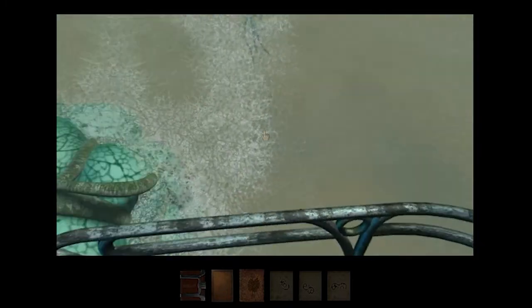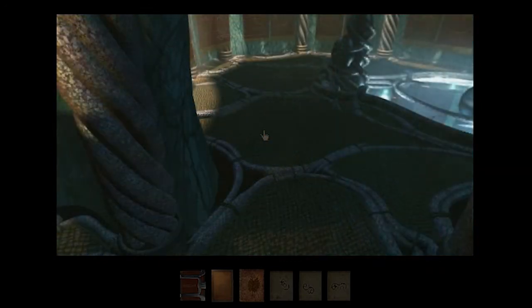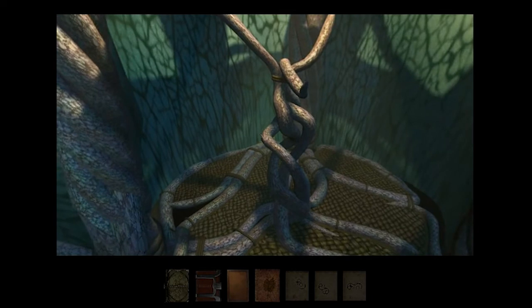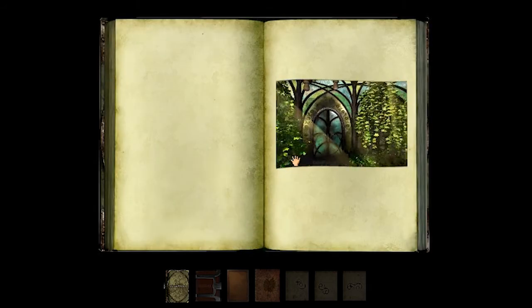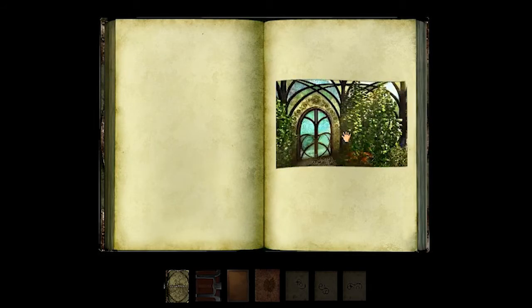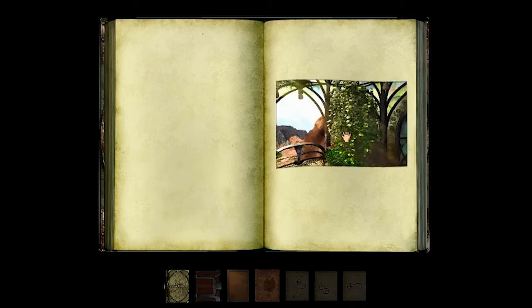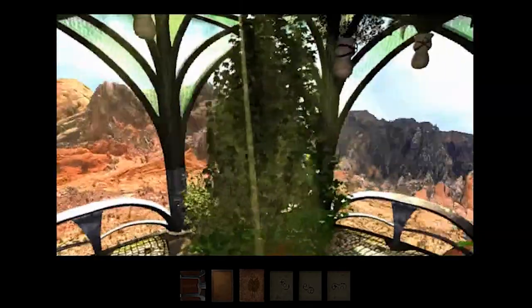So, now we're able to go back down to Tamana. I wonder why we added it to our inventory. Wouldn't it just drop to the ground anyway? In any case, let's go back to Atrus.